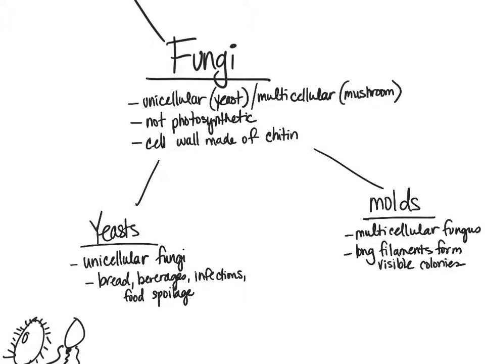And similar to yeasts, some of our molds can be helpful and some can be harmful. For example, some that are helpful: we get a lot of our antibiotics from molds. For example, penicillin and the other penicillins, amoxicillin, things like that, cyclosporin. Some can be harmful. Some examples of harmful ones: they can cause allergies.